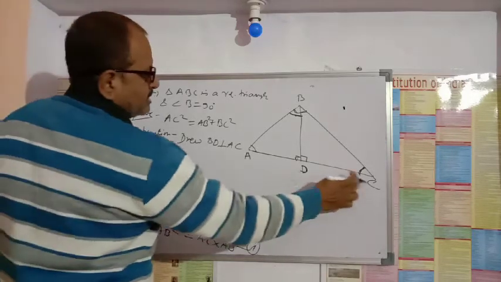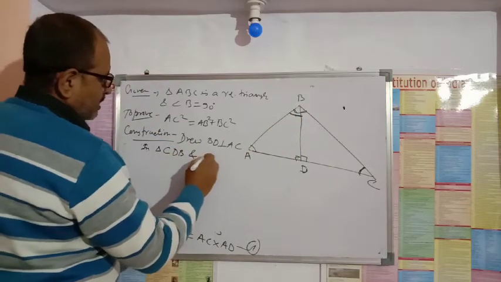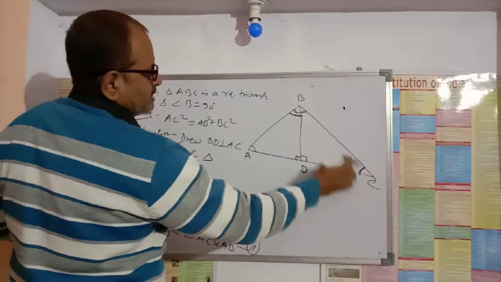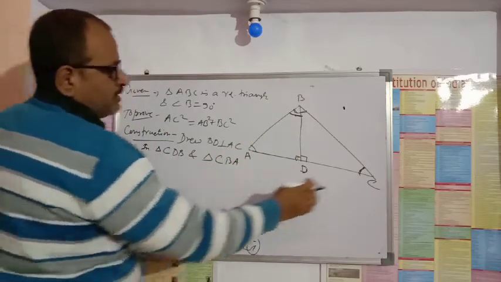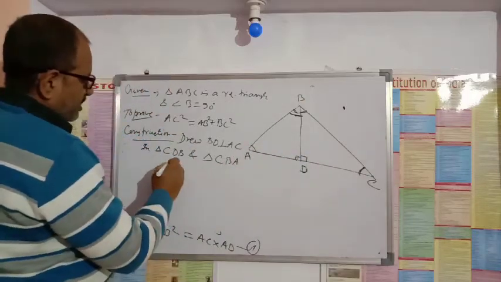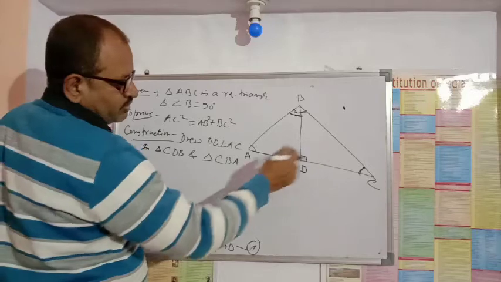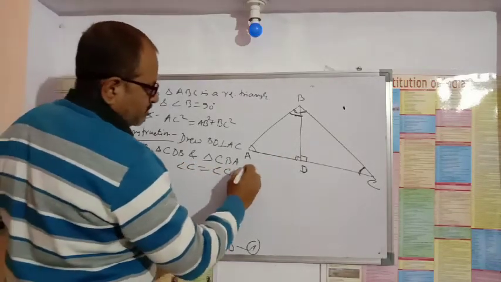Now take triangle CDB and triangle CBA. Again by angle we will prove these two triangles are similar. Angle C is equal to angle C, it is common.